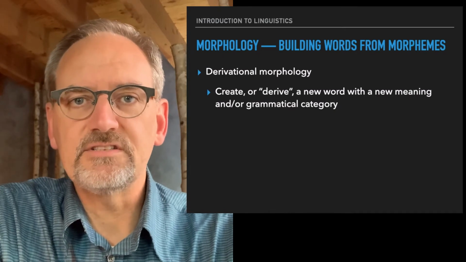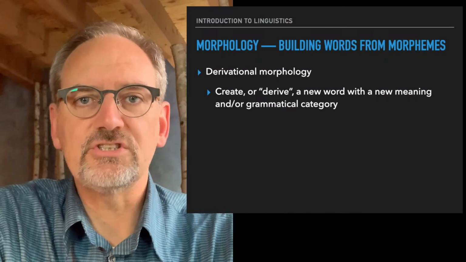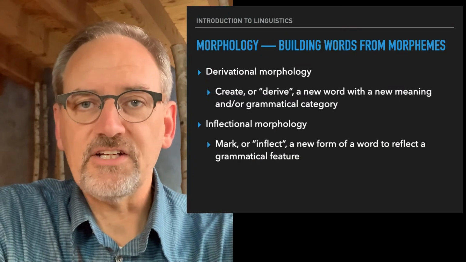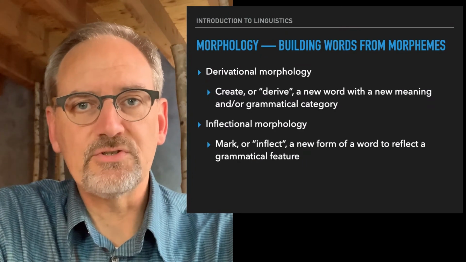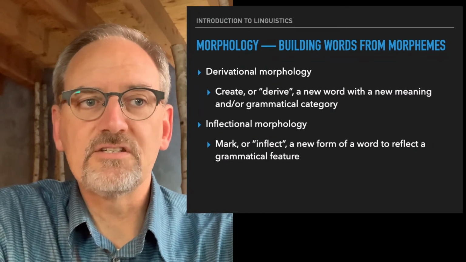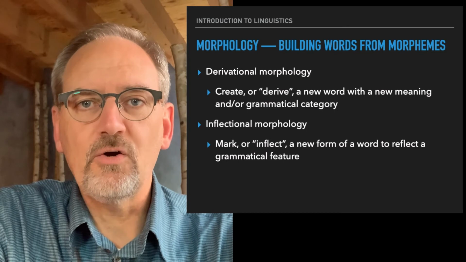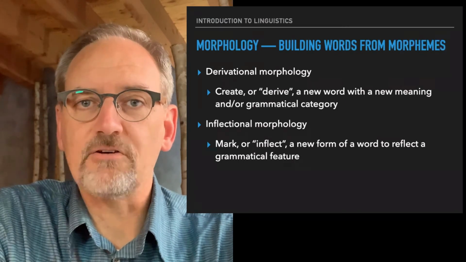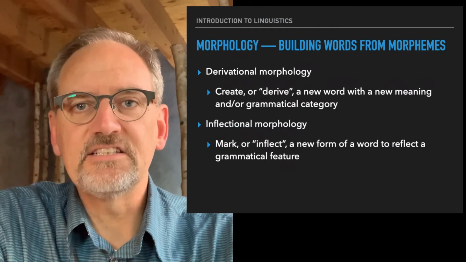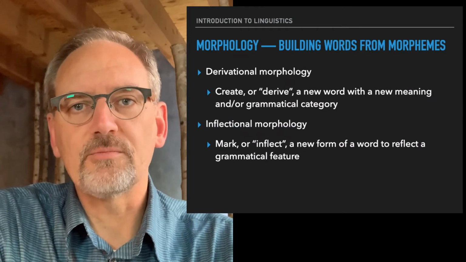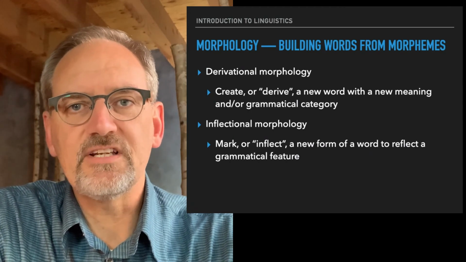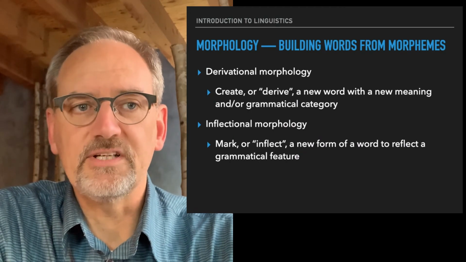There are some derivational morphemes that don't change grammatical category, but inflectional morphology, which we're going to come to today, never changes grammatical category because inflecting or marking words with some kind of grammatical function doesn't actually create a new word. It simply creates a new form of the same word that fits in a particular position within a sentence for grammatical reasons.